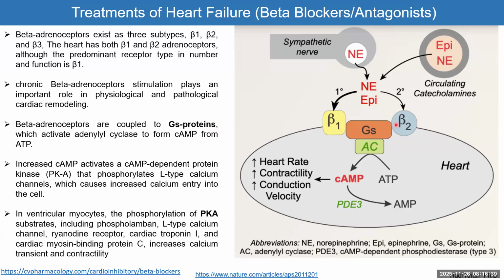So those receptors bind to the G protein, causing the generation of cyclic AMP, which is the main signaling molecule, by the conversion from ATP with the enzyme adenylyl cyclase.